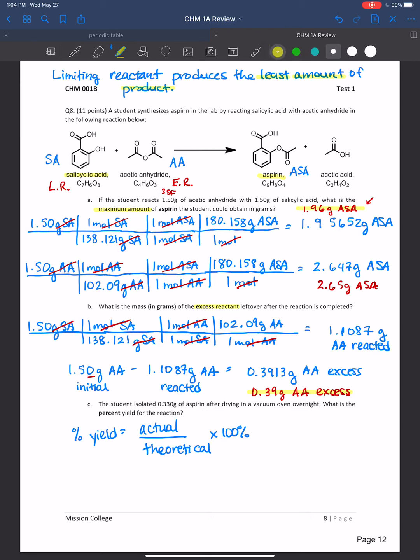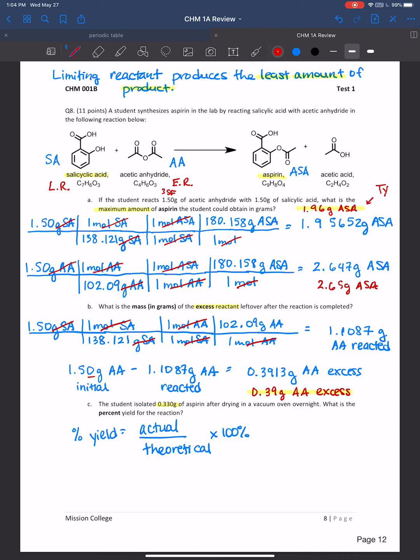And so in this particular word problem here, it says that the student isolated 0.330 grams. That is the student's actual yield. What was the theoretical yield? The theoretical yield was the maximum yield produced from the limiting reactant.